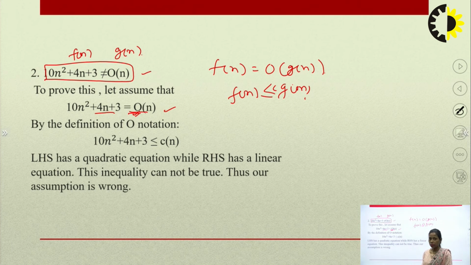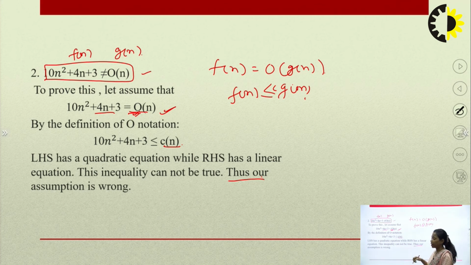Now the left hand side has a quadratic expression while the right hand side has a linear expression. So this inequality cannot be true. The right hand side value cannot be greater than the left hand side value. So our assumption cannot be true for any value of C.